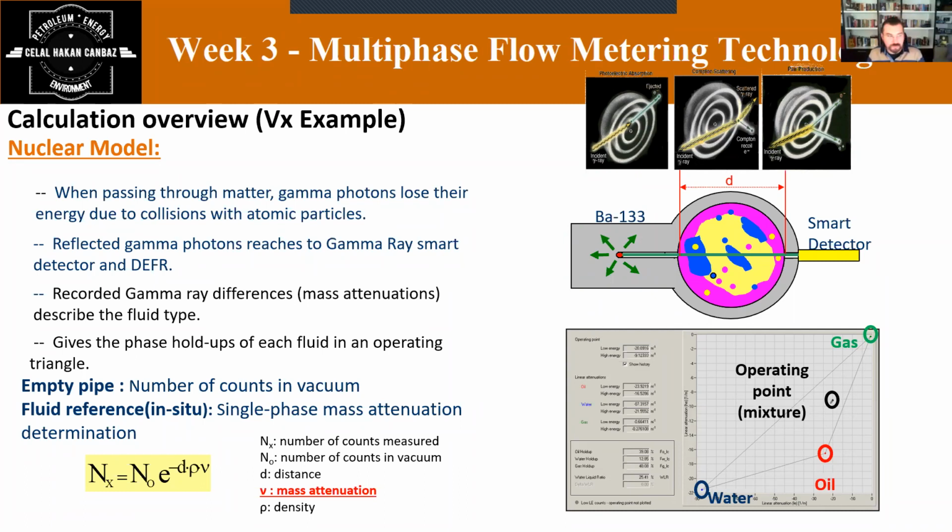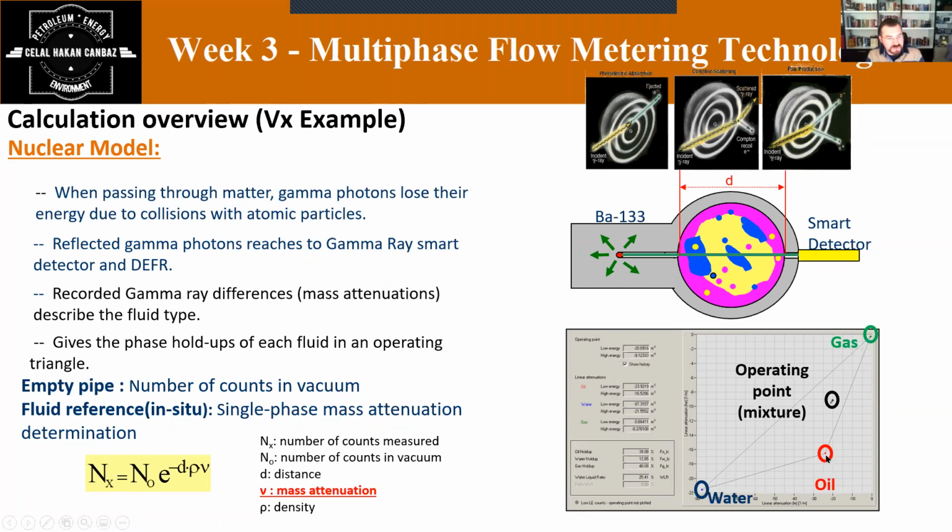You will fill your Venturi with oil and gas samples related to that well and make your measurements, and also the empty pipe air measurements. According to these reference measurements, it will create a triangle.